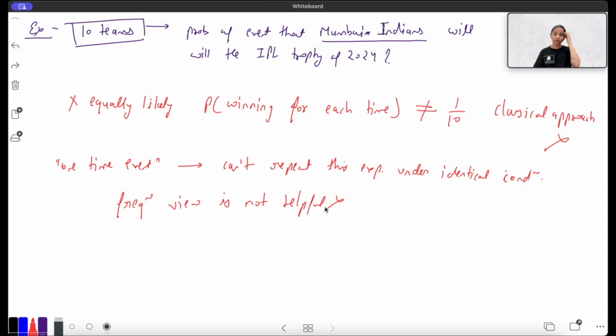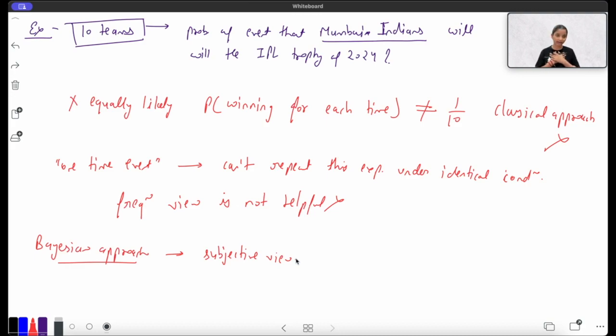But there is one more thing, that is the Bayesian approach. In the Bayesian approach we are talking about the subjective view of probability. The subjective view represents a person's belief in the likelihood that his or her team will win.